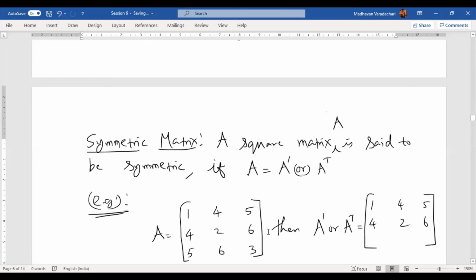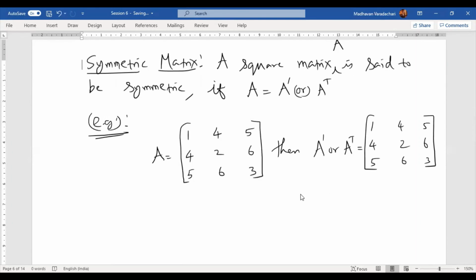Third column elements, which is 5, 6, 3, I will again write it in the third row. Both A and A dash are same. Here A is symmetric, since A is equal to A transpose. Since both are same, we say it is a symmetric matrix.